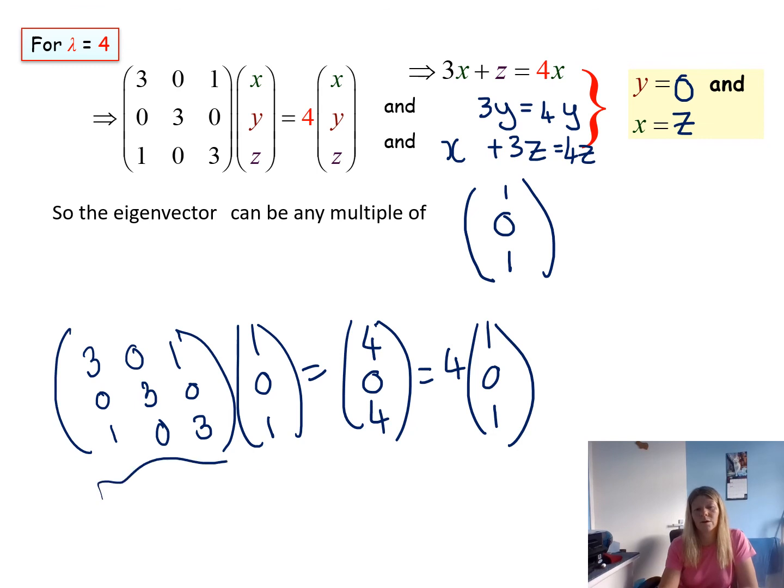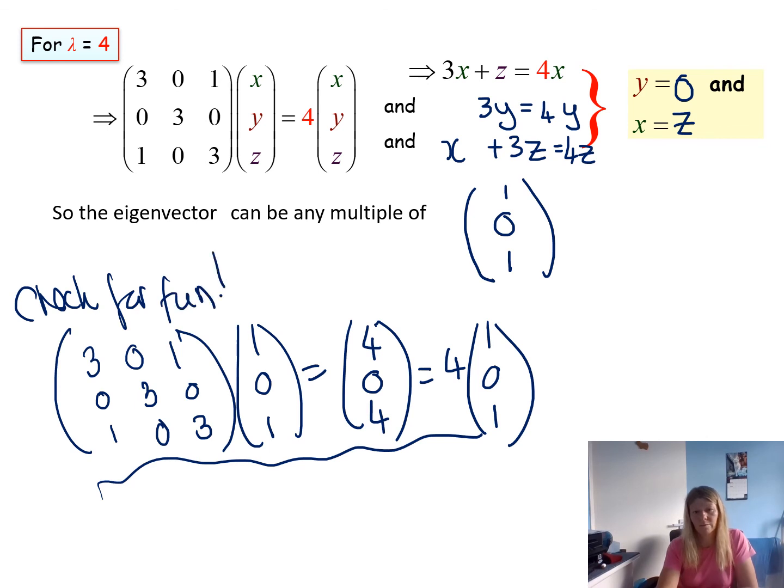It's all worked. It's just a check for fun. There we go. So we found all the eigenvectors and their corresponding eigenvalues. Your turn, I think, now.